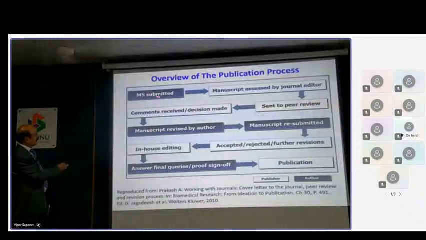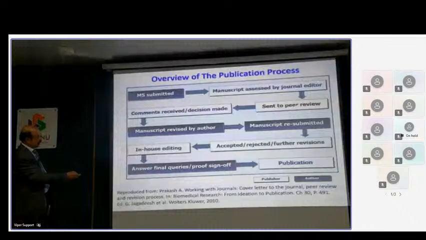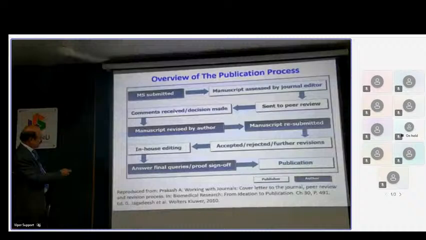So the manuscript is submitted and assessed by the journal editor. Once it is fit enough to publish, it will be sent to the peer reviewers, and the comments will be received by the journal editorial office.